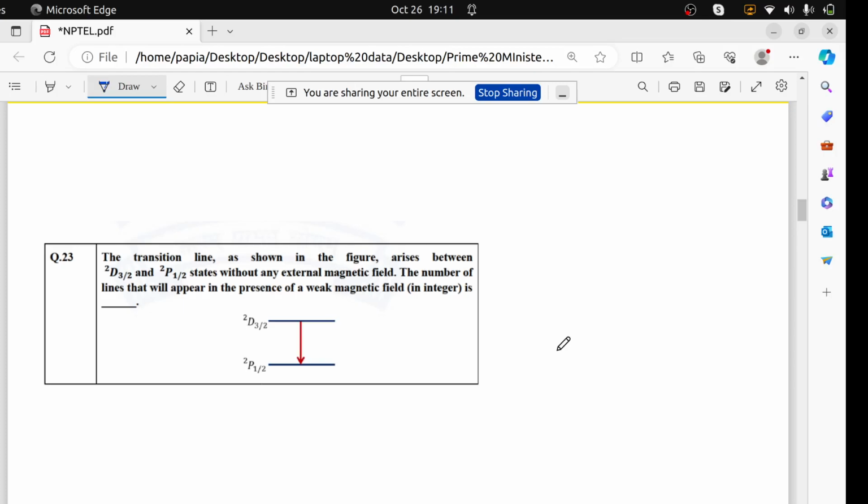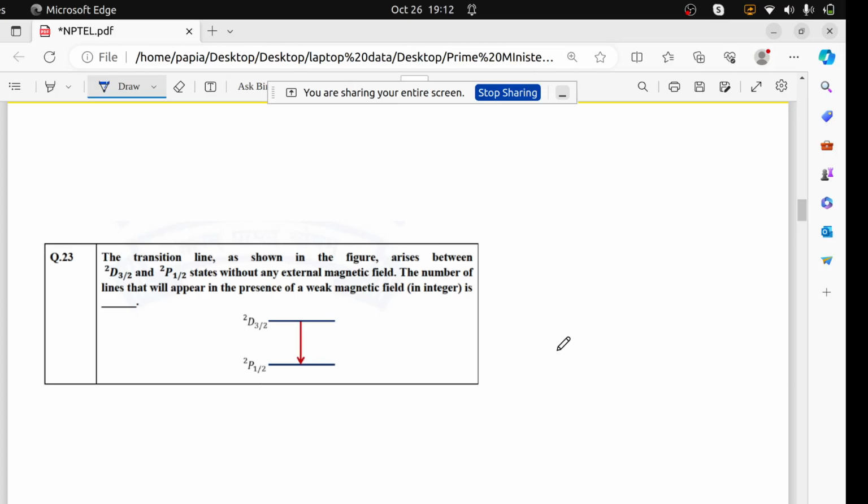Okay, that sodium light Zeeman effect question, we have already read these things, that what will be the condition and what will be the consequence when we apply a weak magnetic field, the spectra gets split, and all these things we have already learned. So this is nothing but the weak Zeeman effect consequences they are asking about.